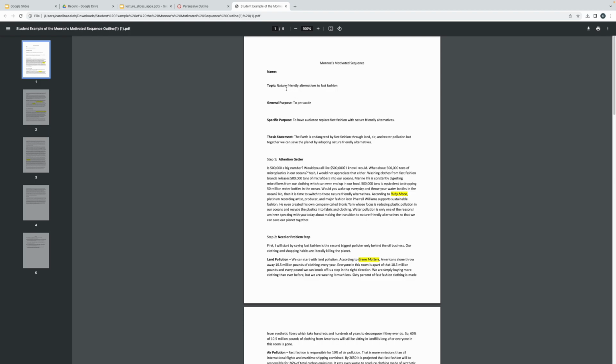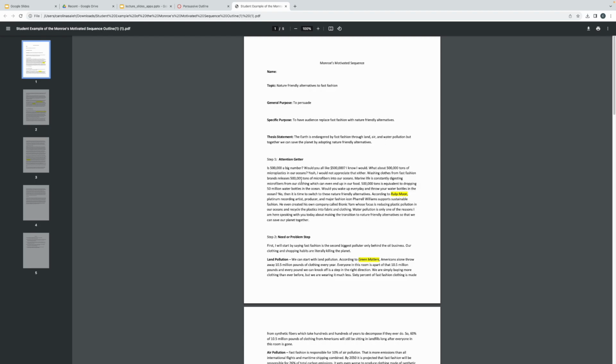Their topic was nature-friendly alternatives to fast fashion. So in their thesis statement, the earth is endangered by fast fashion through land, air, and water pollution. But together we can save the planet by adopting nature-friendly alternatives. So these right here, 1, 2, 3, these were the problems that the student discussed.